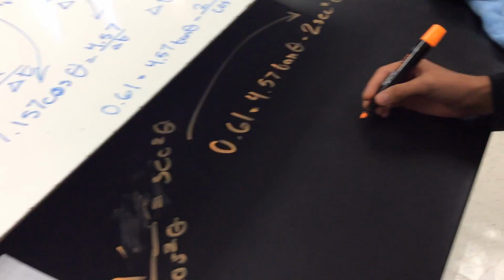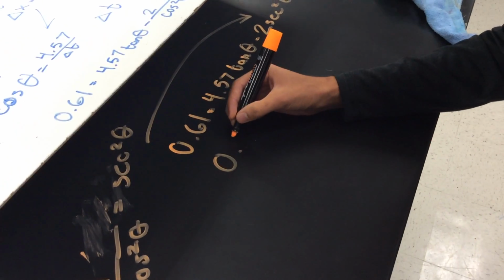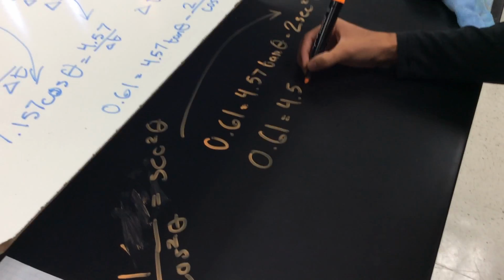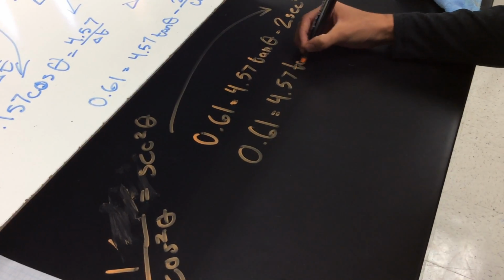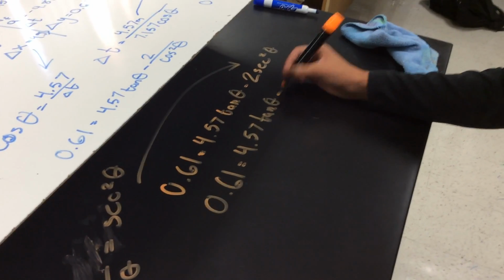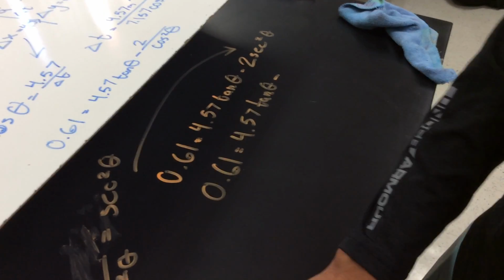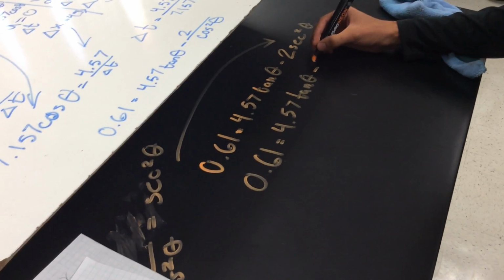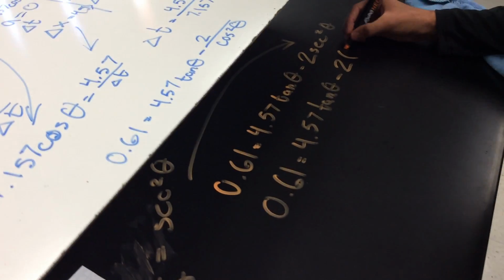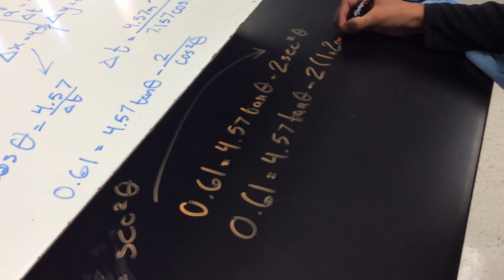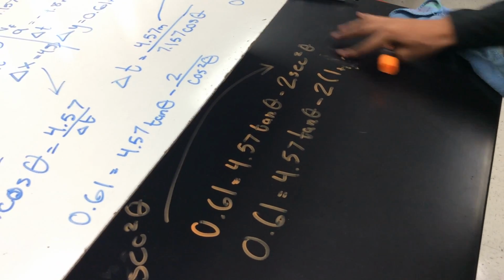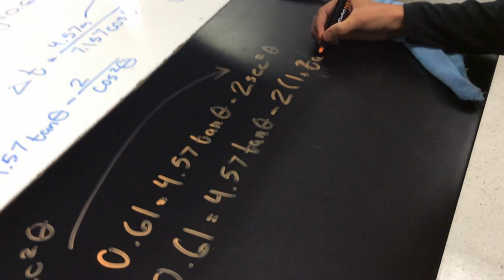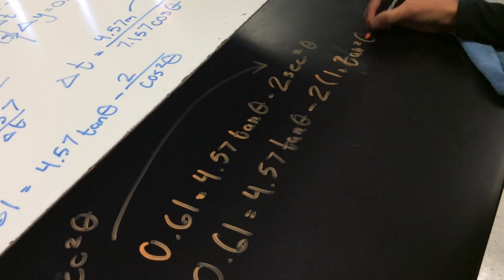That's what that equals. So then you can keep simplifying into 0.61 equals 4.57 tangent theta minus 2 times secant squared theta. And since we want to keep this equation in all tangents just to make simplifying even easier, you'd be left with 2 times 1 plus tangent squared theta.